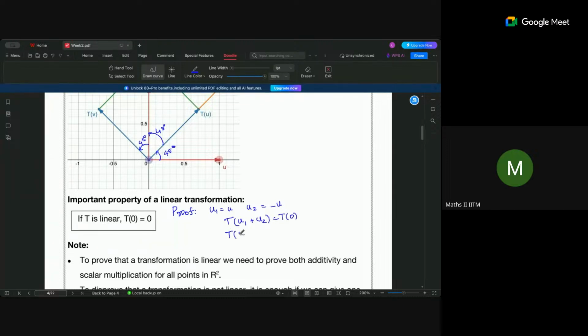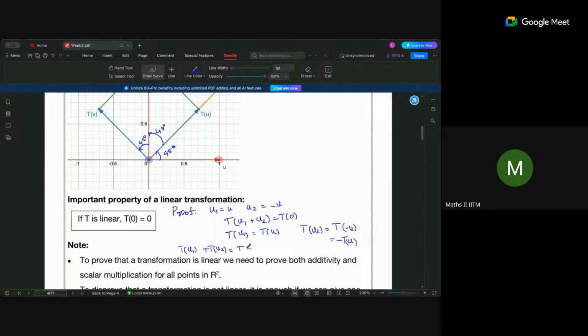Now what is T of u1? It is simply T of u. And what is T of u2? It is T of minus u, right? Now this minus is nothing but minus 1. So can we write it as minus T of u? Right? This can be written as minus T of u, right? We know according to the additivity property that T of u1 plus u2 is same as T of u1 plus T of u2, right?